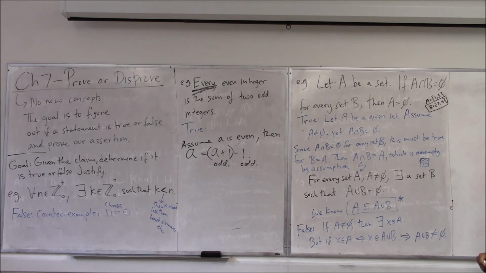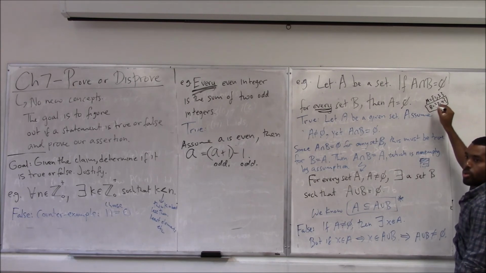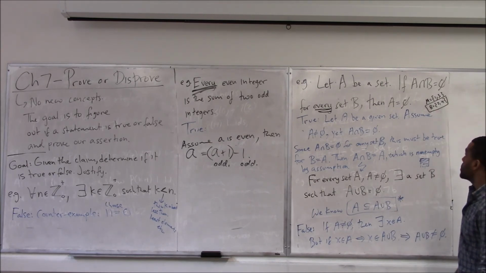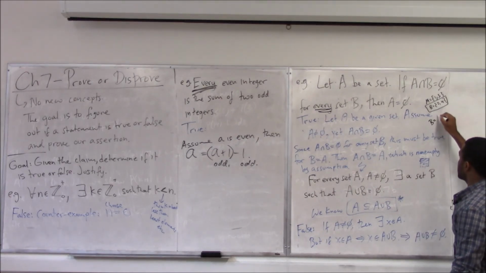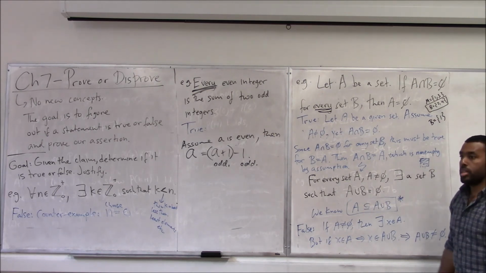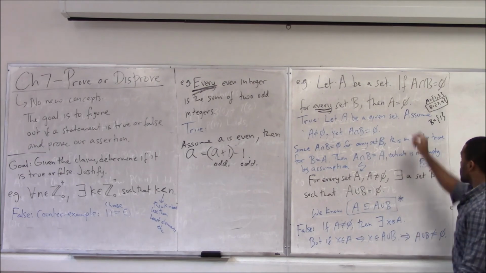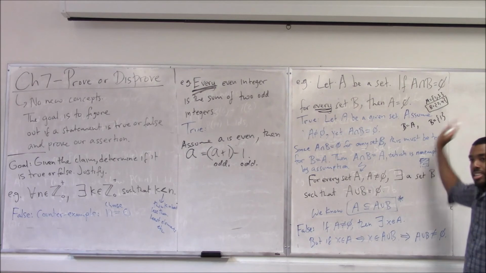No, you need to prove that for every single B. You just show me a particular one. For example, I could say B is some other random set, and the intersection is not empty. Or I can choose B to be A, I can choose B to be anything at all.